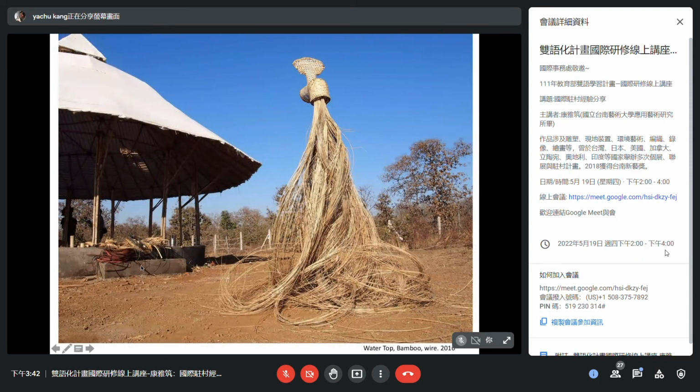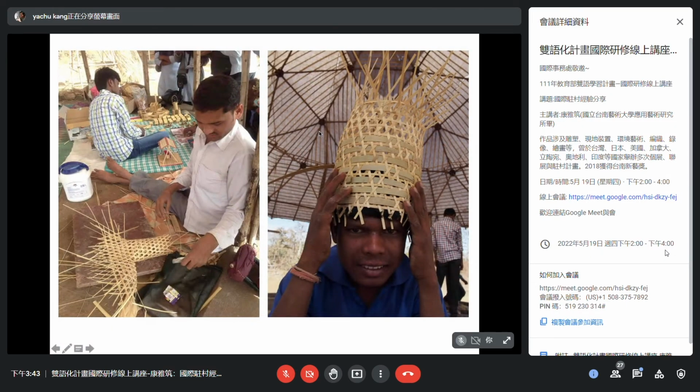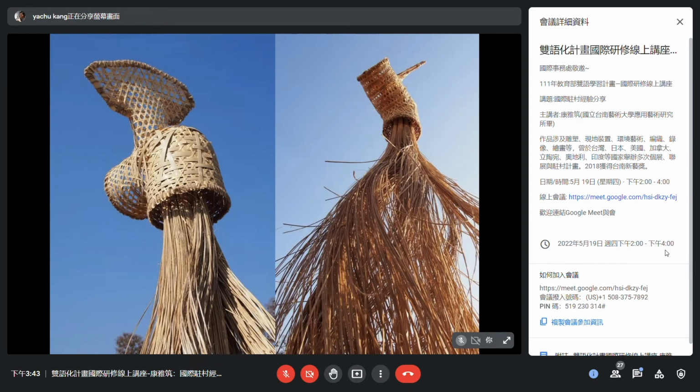So I made a water drop sculpture. And the guy who was making this water drop shape for me was also quite happy because he never thought that he could make a sculpture like that other than a basket. So this is the detail.